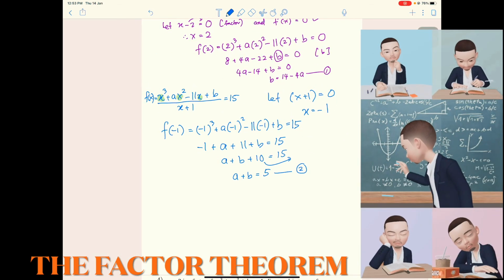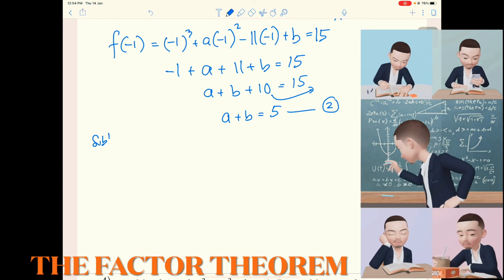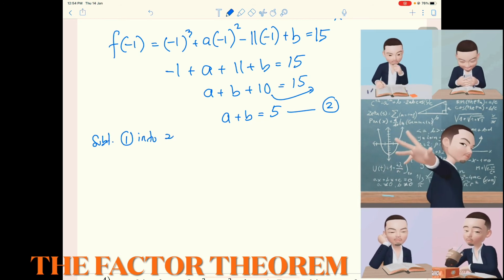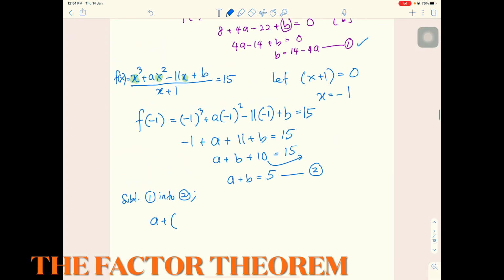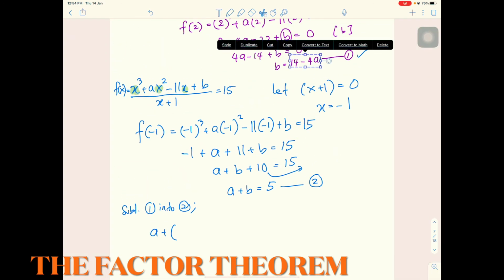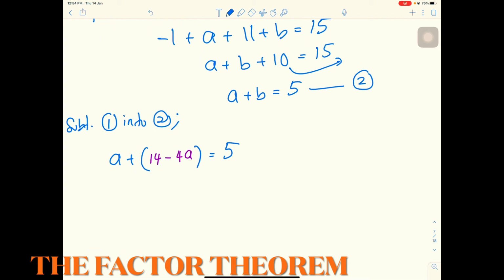And then equation 1 is b equals 14 minus 4a. So substitute 1 into 2. We get a plus b, so b is 14 minus 4a, equals 5.